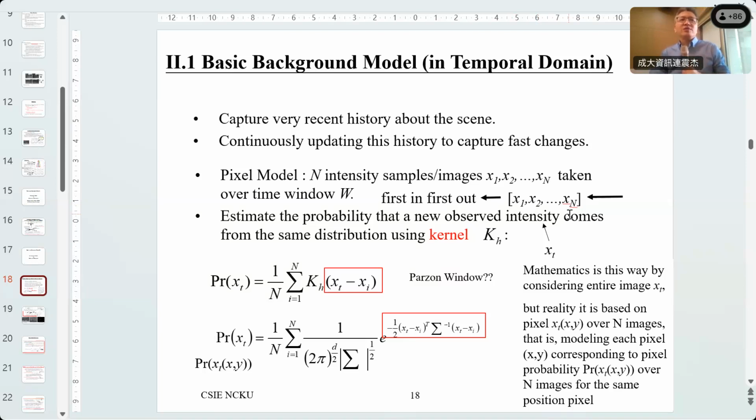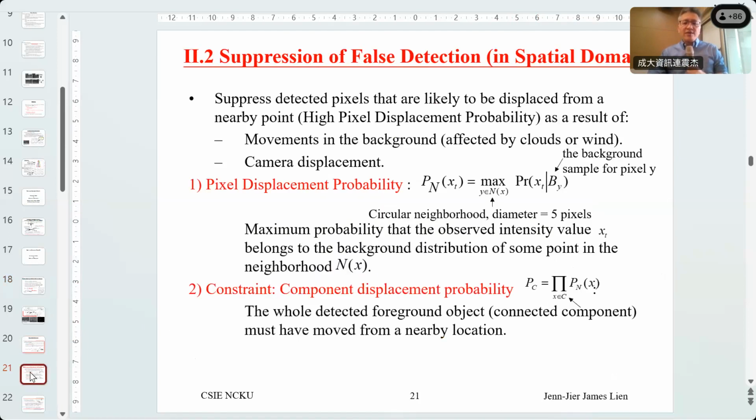But the disadvantage of a median filter is that you need to do what? Sorting. So sorting takes time. So sorting is very important.